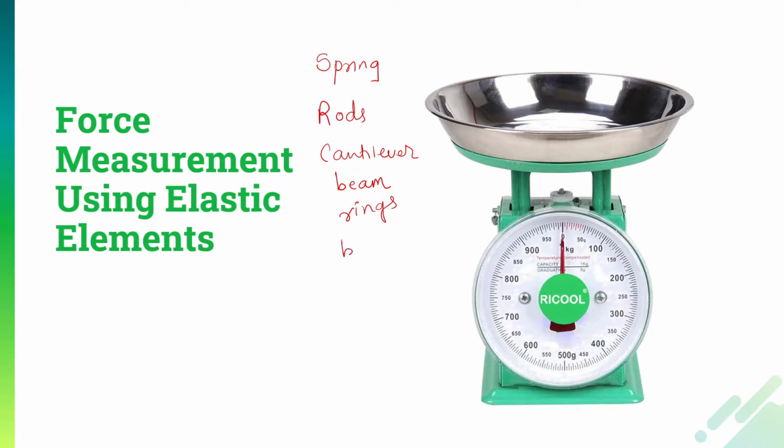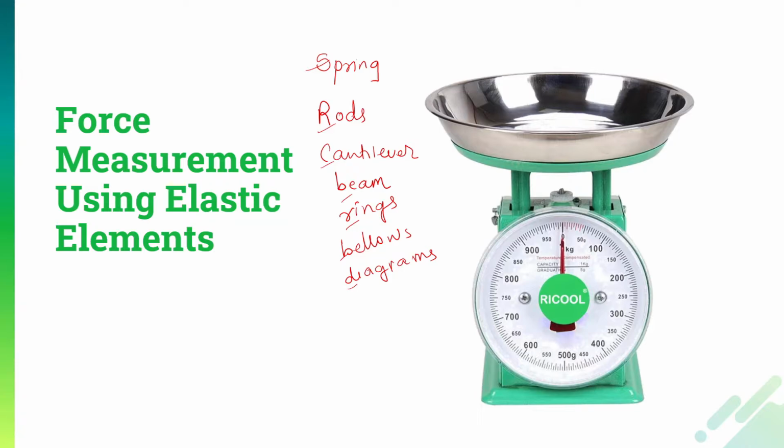We can talk about the bellows. So these all are basically available as elastic members. We are not going to talk about each and every one, but we are going to talk about the basic or essential elastic members that can help us to measure the forces.